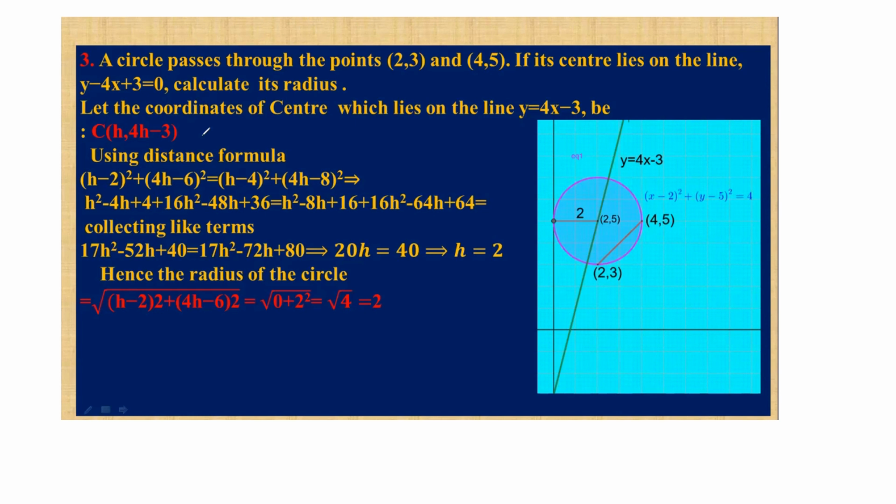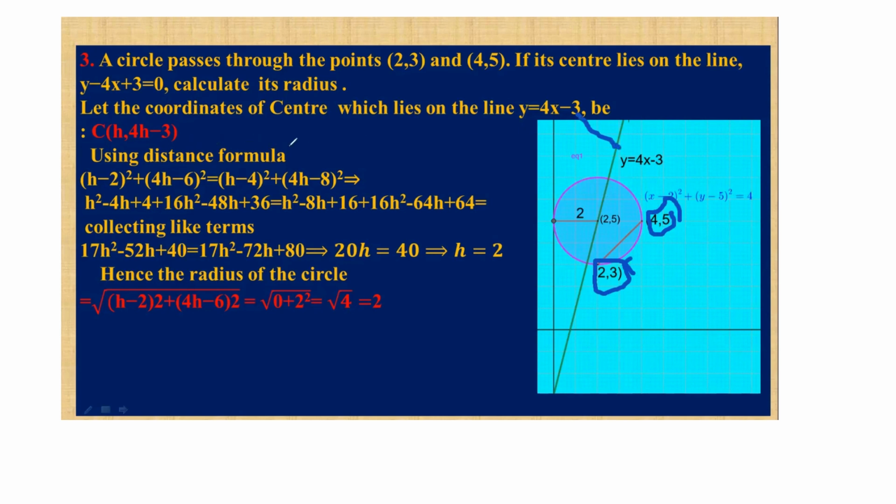This line is passing through the center of the circle.